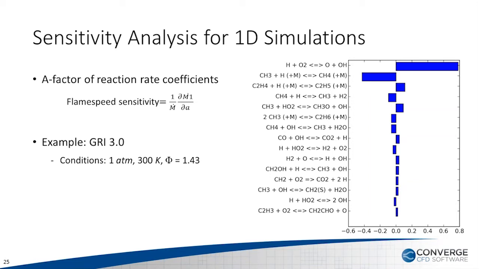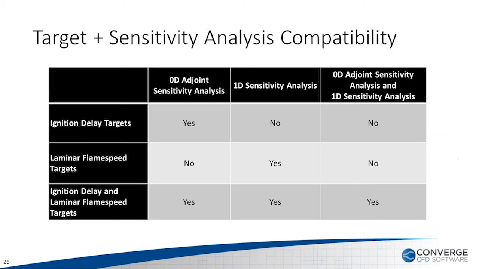Sensitivity is estimated based on the first point of the 1D domain, the unburned point. On the right is a result from sensitivity by running GRI 3.0. From this, let's say we pick the top 5 reactions, those are the reactions I'm trying to optimize, so you can pick from there.